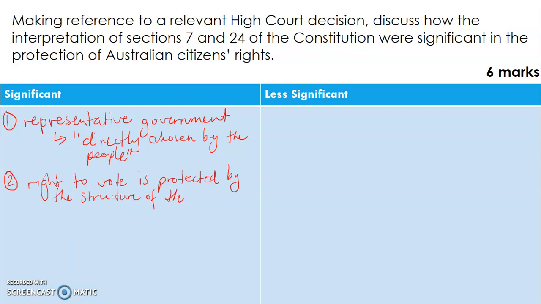So the Constitution establishes that there is going to be an upper and lower house, and both are going to be directly chosen by the people. This establishes a right to vote in Australia, and this is the first time the High Court had made a specific comment regarding the right to vote under Section 7 and 24 in Australia. So that is really significant, okay? And that's really nicely linking back to your rights as well.